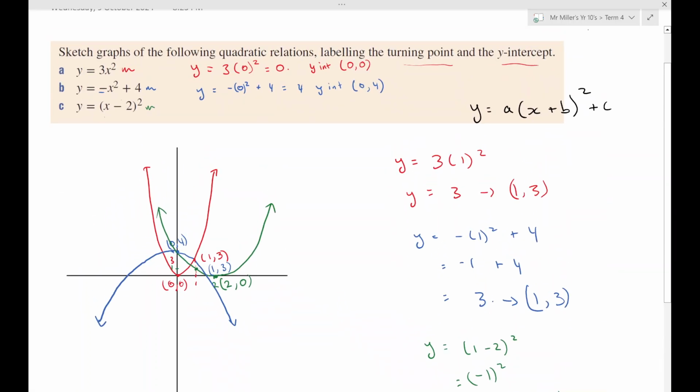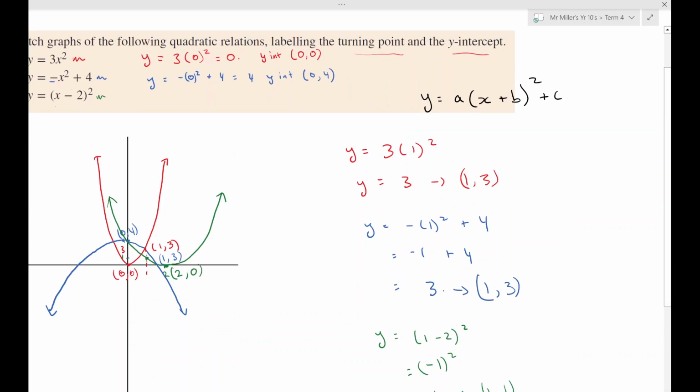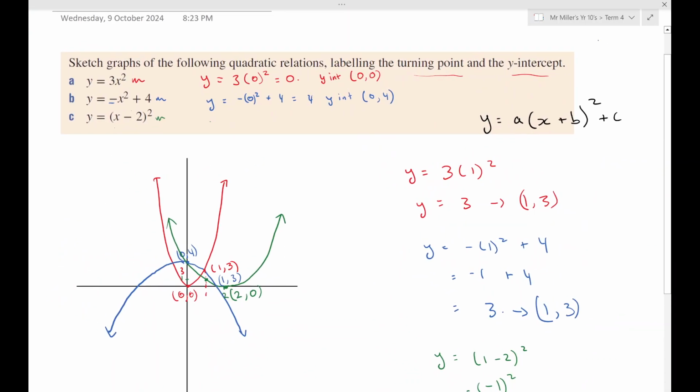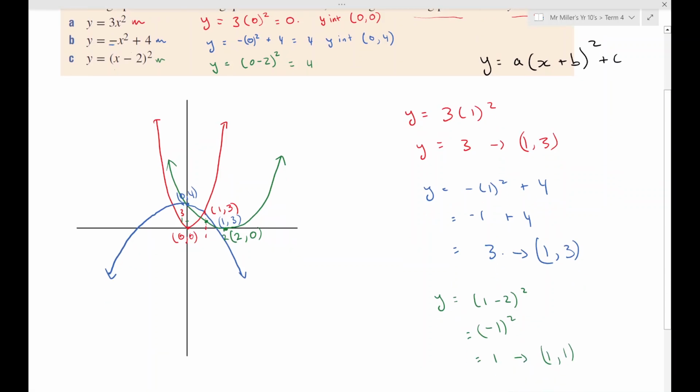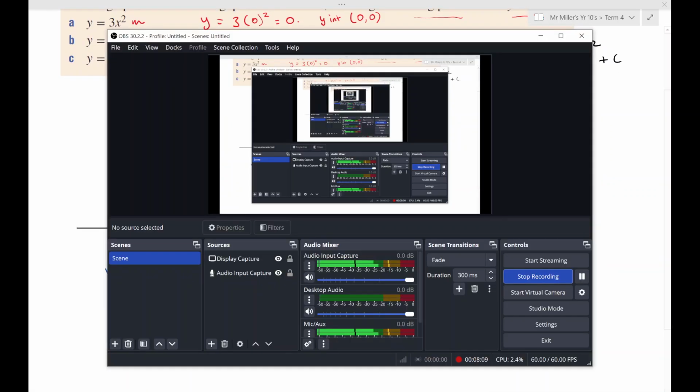And for the y-intercept, that's going to be when x is 0. That's just going to be -2 squared, which is 4. So actually, that was bang on. This green parabola is intersecting the blue parabola right at its turning point. All right, nailed it. Cool. Thank you for watching, guys. Hope that helps.